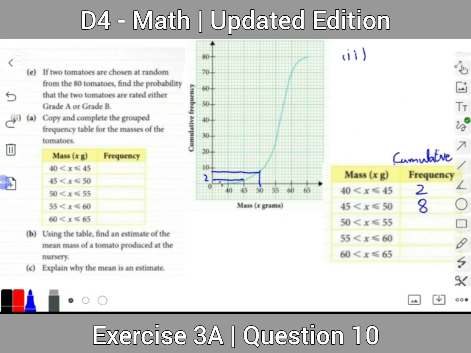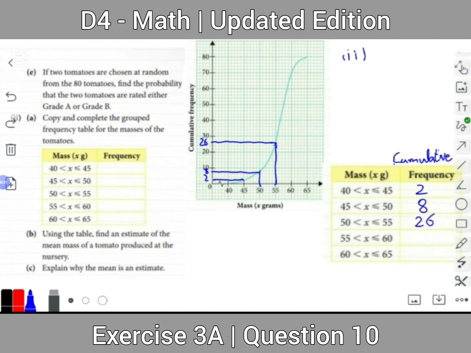Now for 55 grams, we will draw a vertical line until it cuts the curve. Now from the point of intersection, we will draw a horizontal line until it cuts the vertical axis. Now here we have the values 20, 22, 24, 26. So the cumulative frequency is 26.